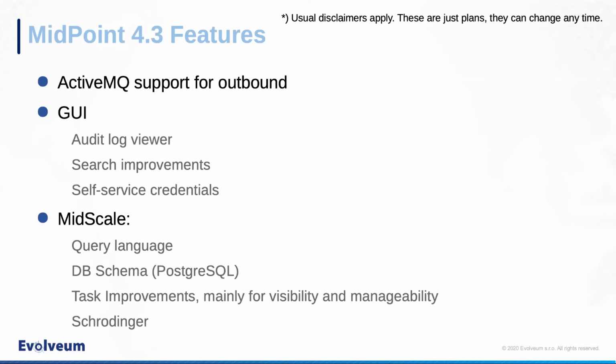There will also be other search improvements. One of them is the integration of the domain-specific language in the GUI, and also other improvements for the search bar, which we already started in 4.2, and now we want to finish them.